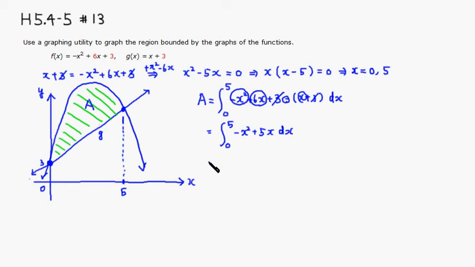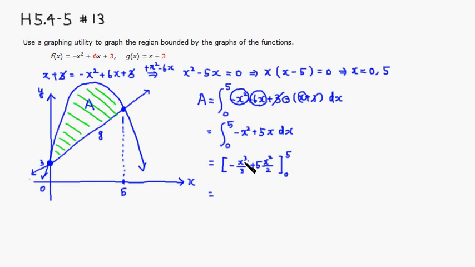Okay, so find the antiderivative of each piece. It's going to be negative; the antiderivative of x squared is x cubed over 3. Plus 5, and the antiderivative of x is x squared over 2. Then you want to go from 0 to 5. So let's plug it in.